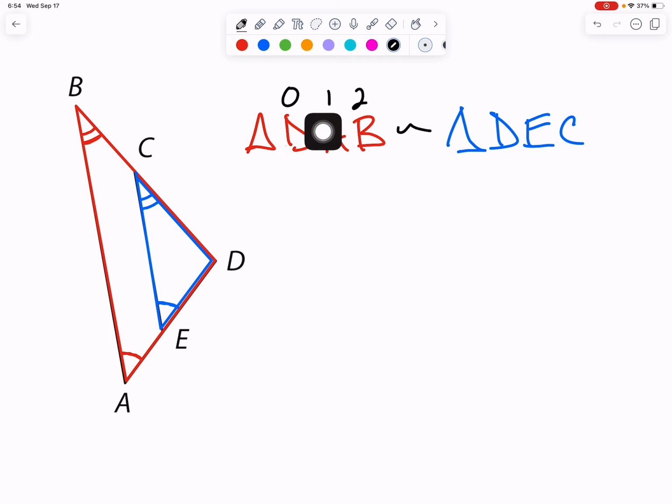That means we have 0, 1, 2. Our next triangle's pattern must go 0, 1, 2. We already know that D is 0 because they share it. Then E has 1 arch, making C have 2. Does that make sense? It's just a multiple choice test-taking strategy to assist you along.